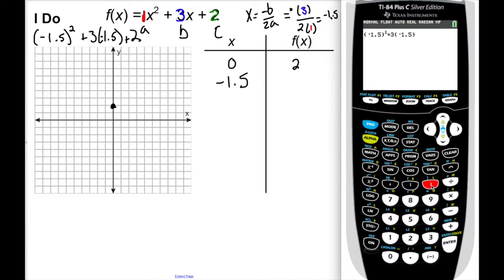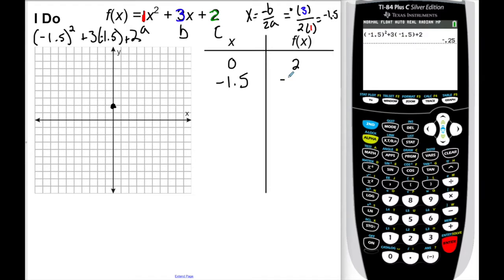You can put a times in there, though it's not required, plus 2. On any common calculator that can do this kind of thing, like a graphing calculator that you would have access to, you will get the answer right away. So think about that as an option.